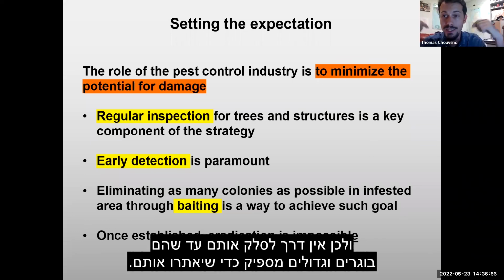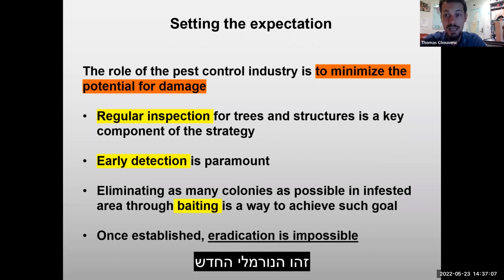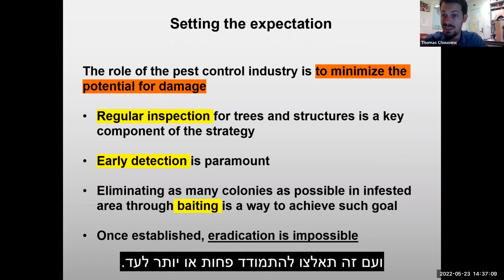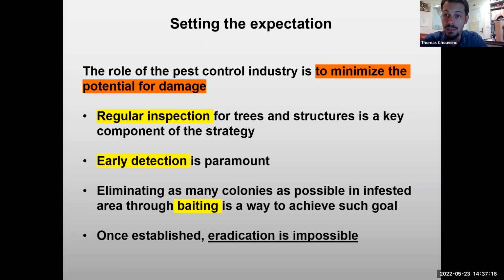And therefore, there's no way you can detect them until they're mature and big enough to be found. So in these areas where Formosan termites are established, this is now the new normal. And this is what you're going to have to deal with pretty much forever. It's there. It's not going to go anywhere.